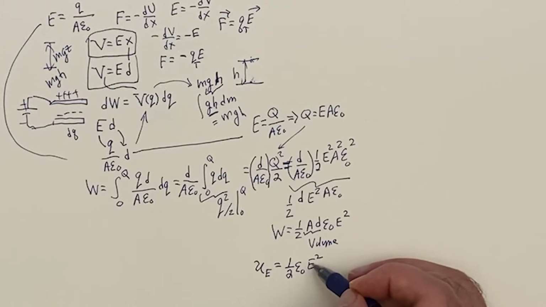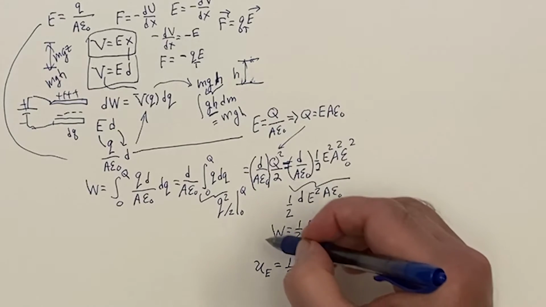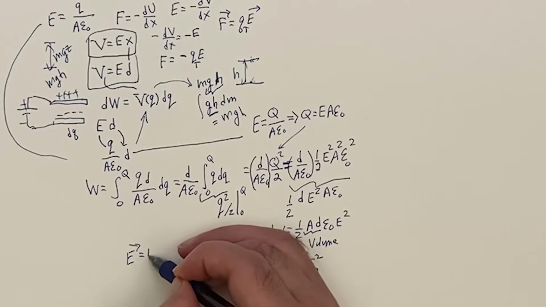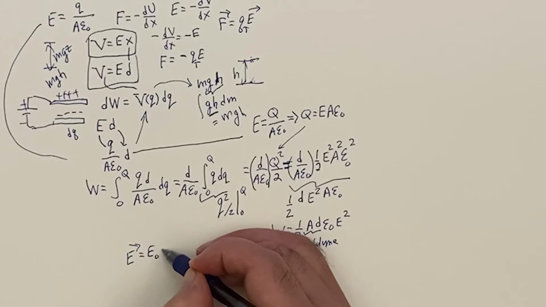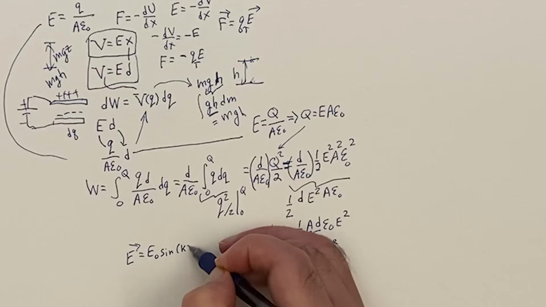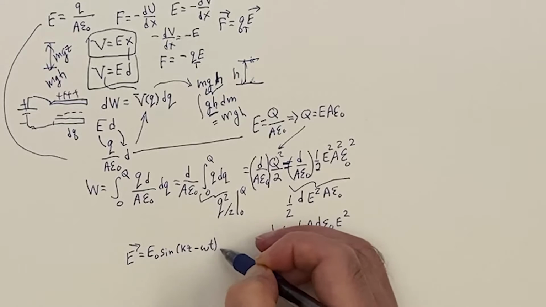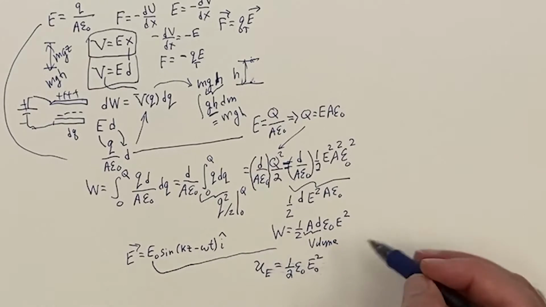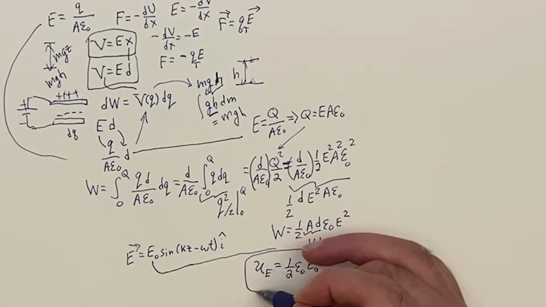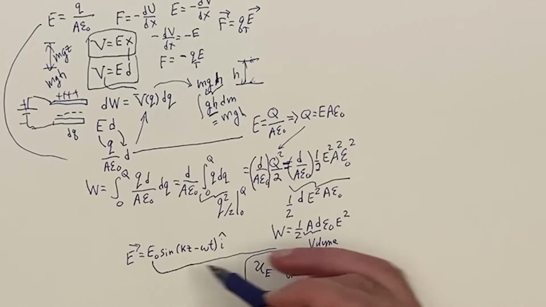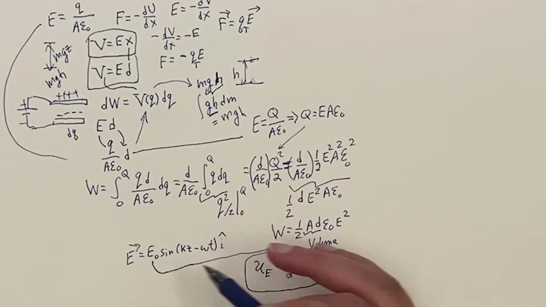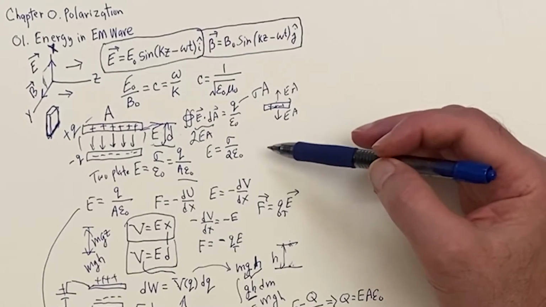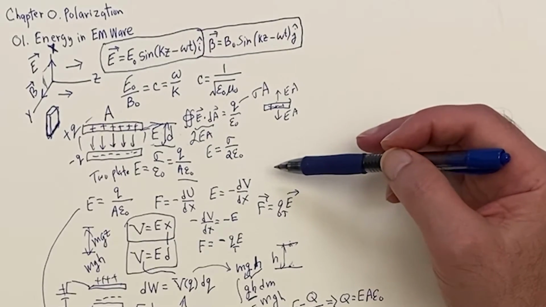I'm going to use the E naught because that's applying that to our electromagnetic wave, where the electric field here, the maximum, is given by this E naught. So that is what I'm going to use in this formula, and this is going to be it here. All right, that's like the strength of my field. So that's the result. This is a nice review of introductory physics, electricity and magnetism part of the course.